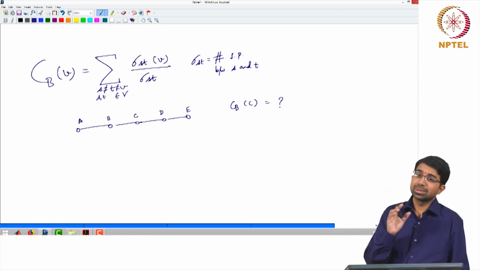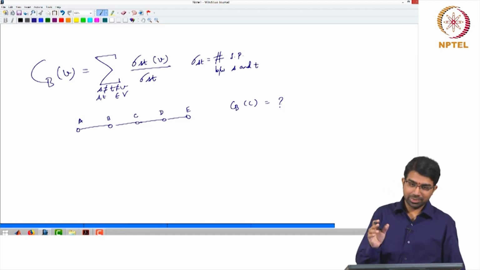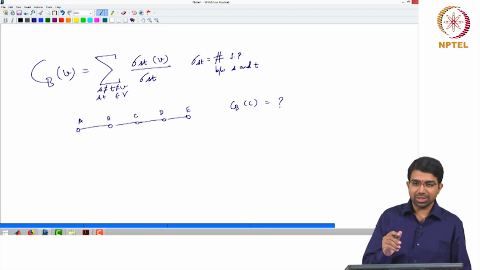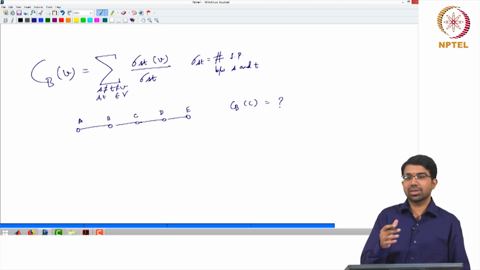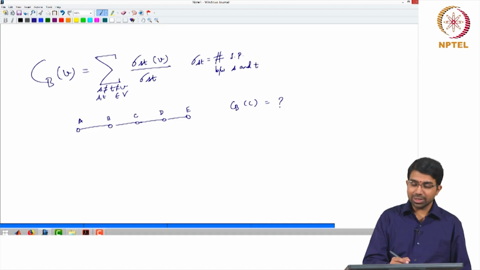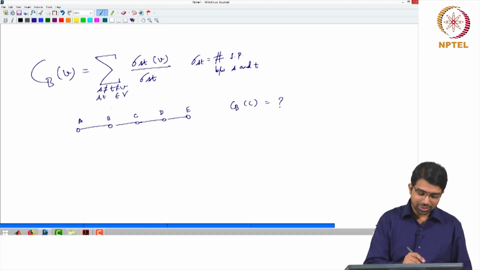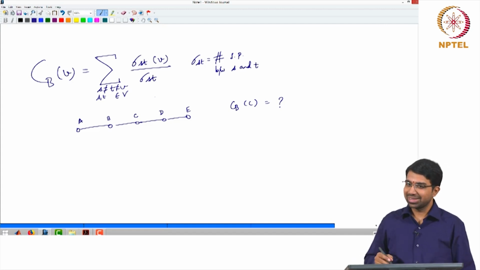The definition I gave, the explanation I gave you, is somewhat approximate, right. So, if you look at this, what is this? Is this the fraction of paths going through a node? It is the sum of fractions of paths, right.